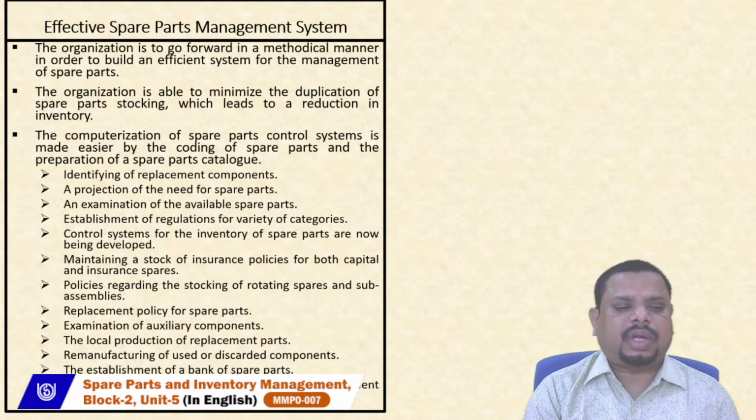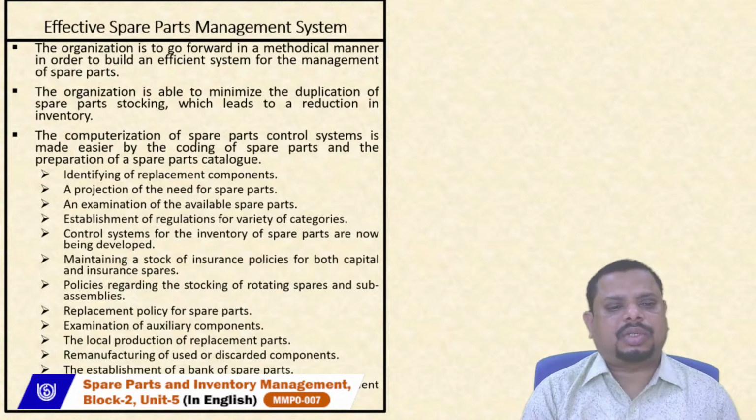The next is examination of auxiliary components, the local production of replacement parts, the remanufacturing of used and discarded components, and the next is establishment of a bank of spare parts. And last, application of computing technology to the management of spare parts. So these are the computerized spare parts control systems applied inside the organization.